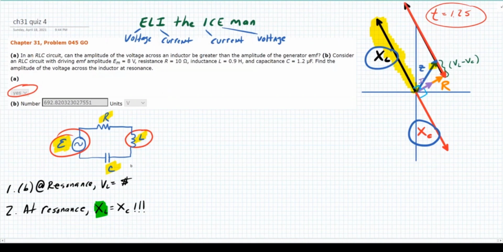If XC equals XL, my impedance shrinks to the smallest it's ever going to be. So when XL equals XC, my impedance attains its minimum value.